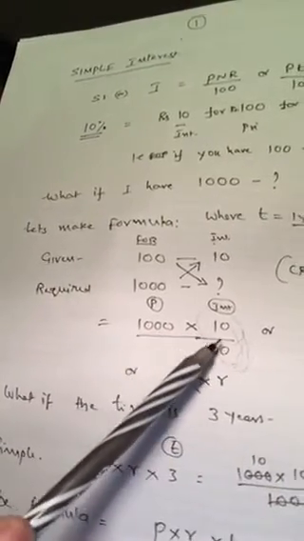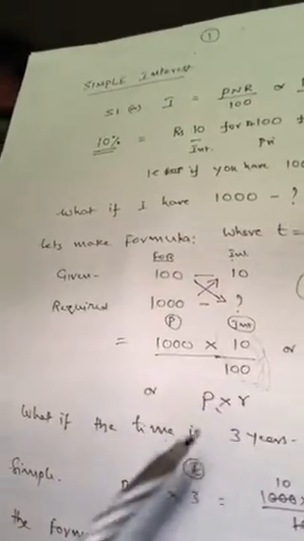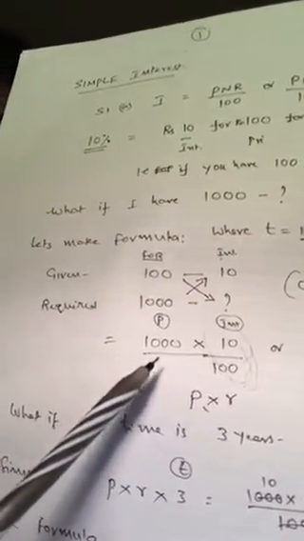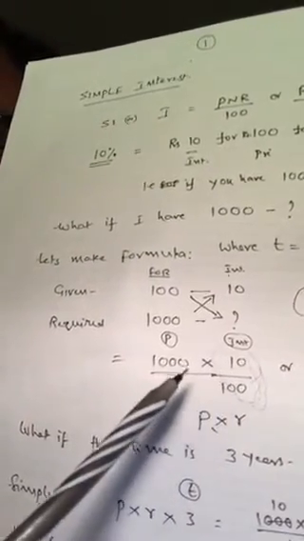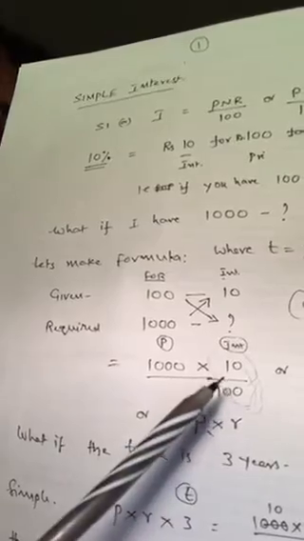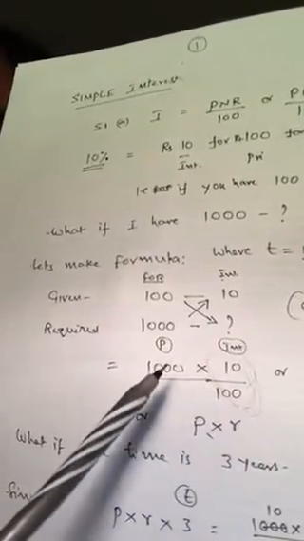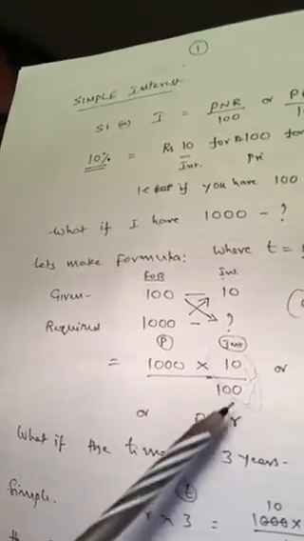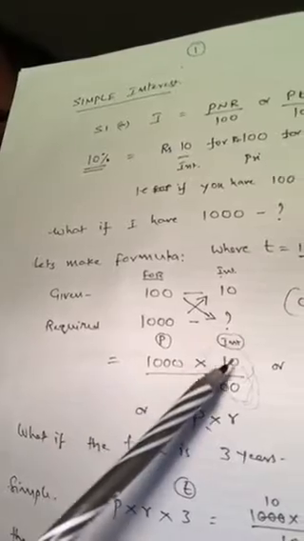So P into R, and interest is always represented for 1 year. Suppose you ask me, if I keep this for 2 years, how much will you get? Into 2. So 1000 into 10 by 100 means this 100 will go into 1000 ten times, 10 into 10 is 100.